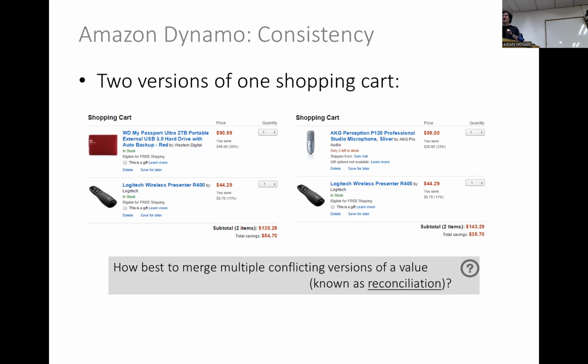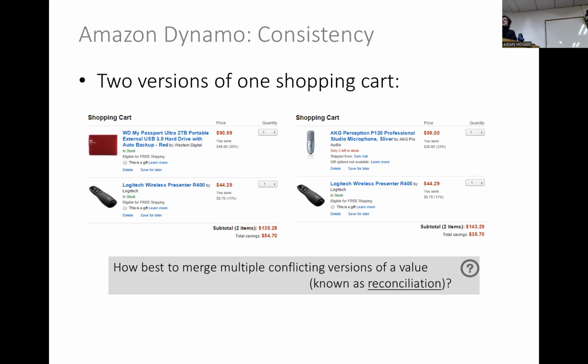So this is called reconciliation, where we see two branches have occurred of something and we need to reconcile them. So one option would be, let's say we want to take the union. Now maybe the shopping cart should contain all the products. Or should we take the intersection? Should we just take the things that are in both? The most common generic way to do reconciliation, if we want to do automatic reconciliation, is to take the most recent one. So it's the last timestamp wins.